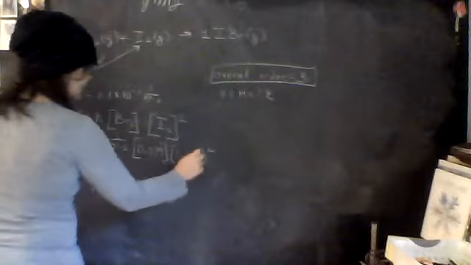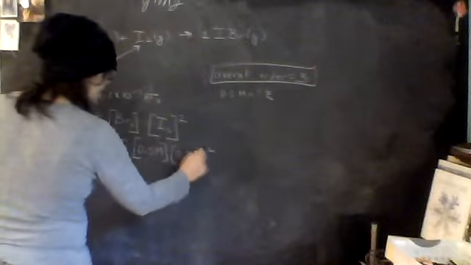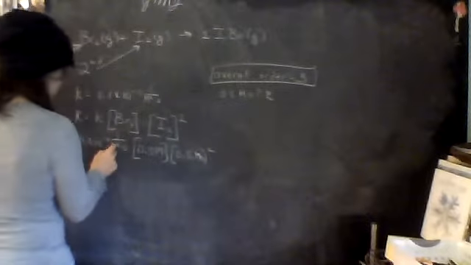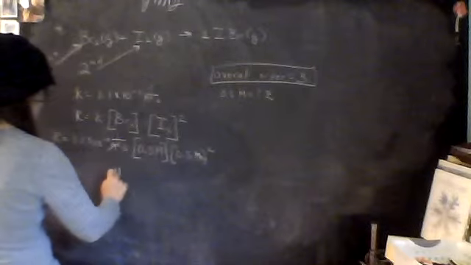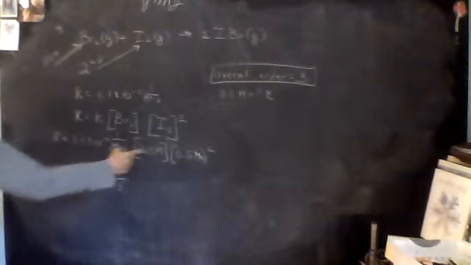So these two molarity squared are going to cancel out this molarity squared. We're going to end up with the units molarity per second. That's what we want. See that?